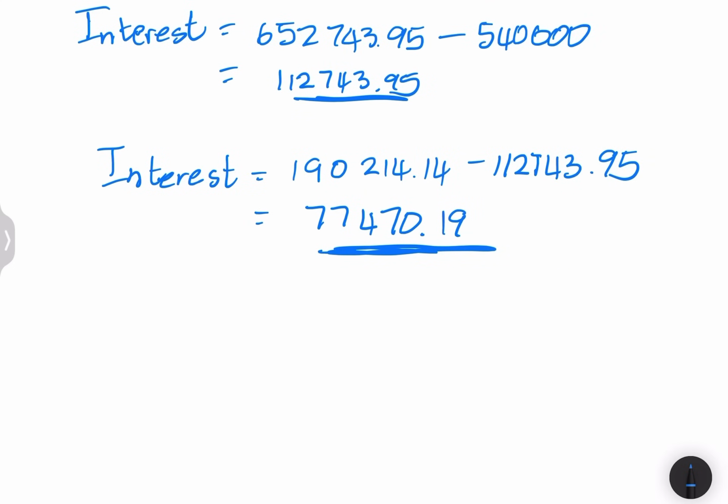So if I take my accumulated amount, principal amount, this is over the period n. In fact, I'm just going to leave that as just n.